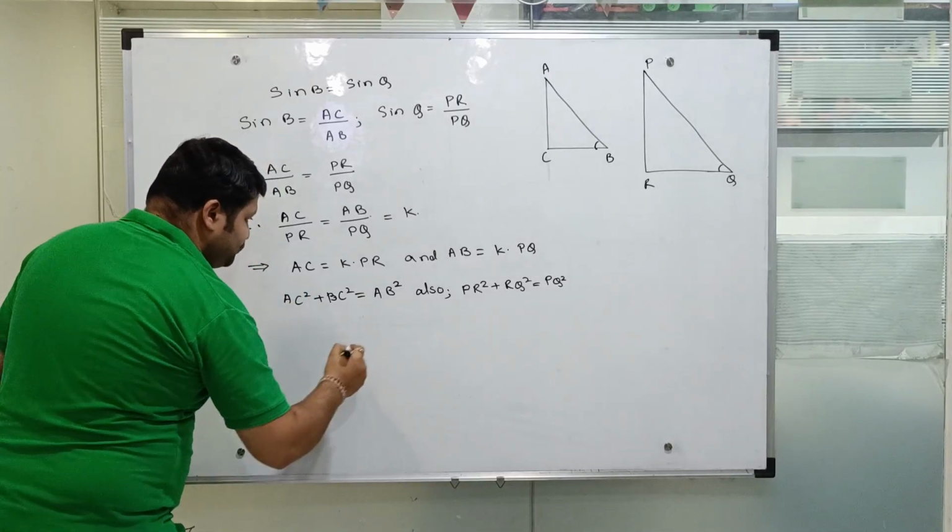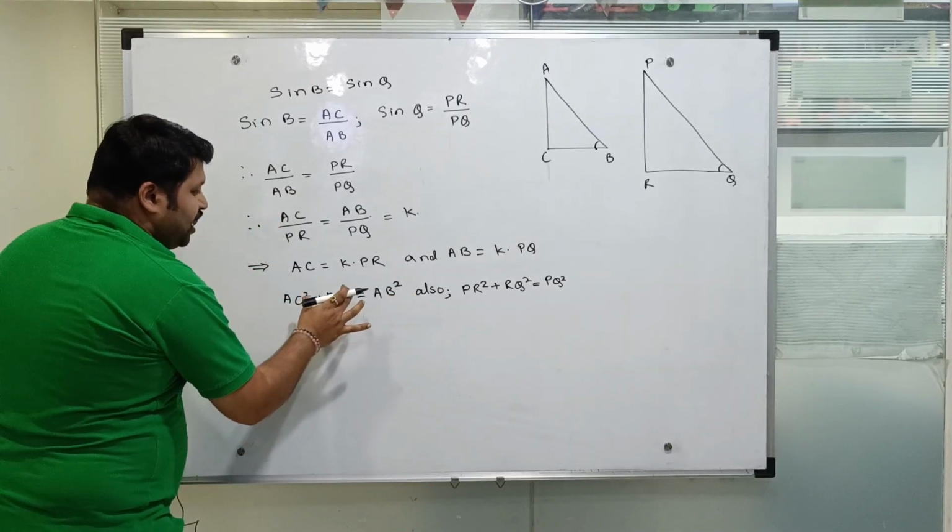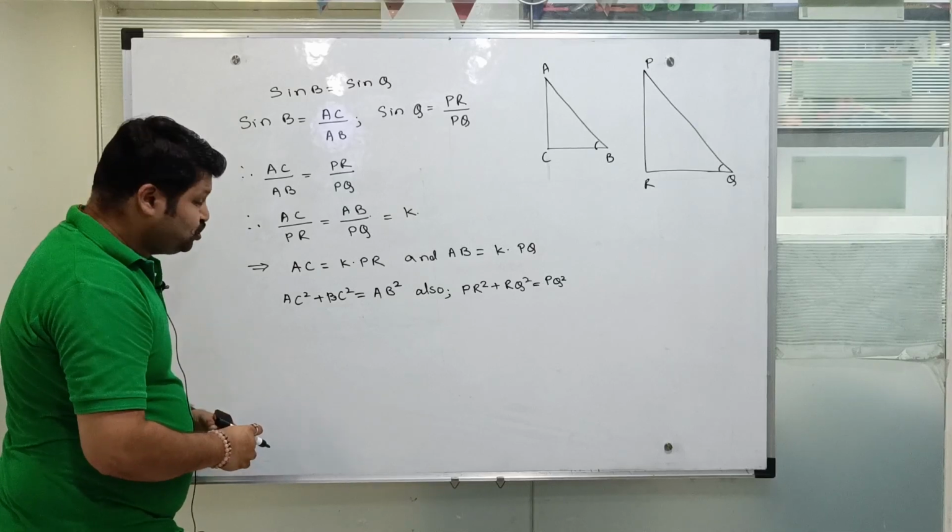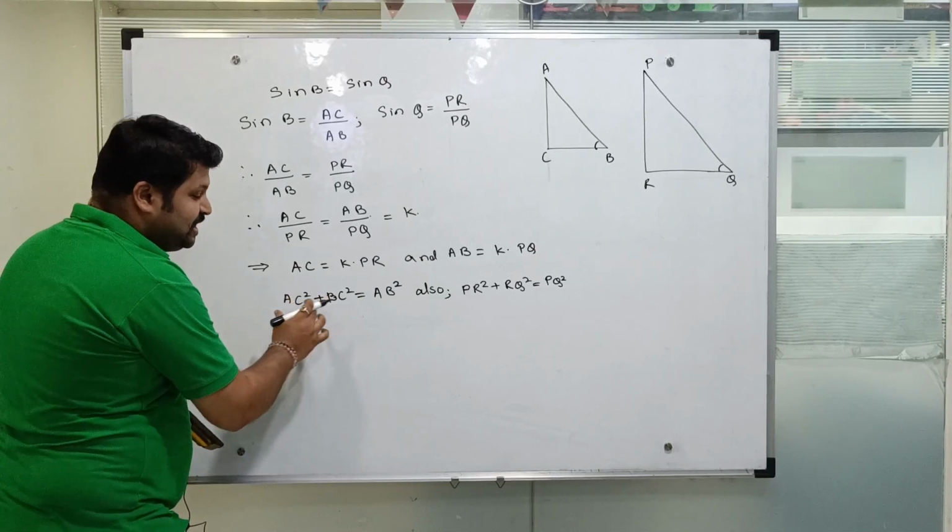Let's first go ahead with proving what AC is equal to, what BC is equal to.